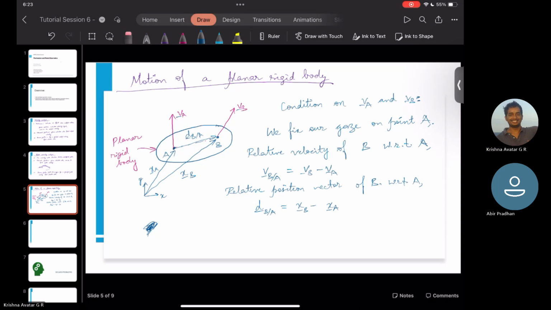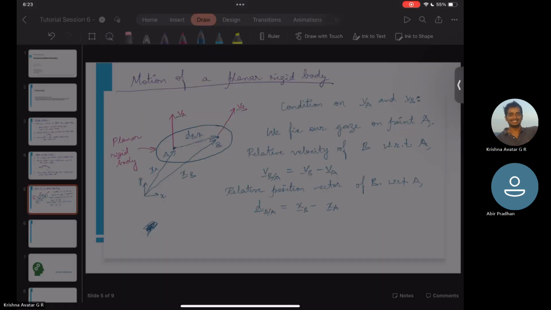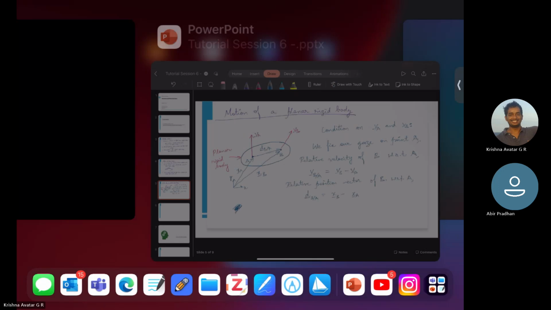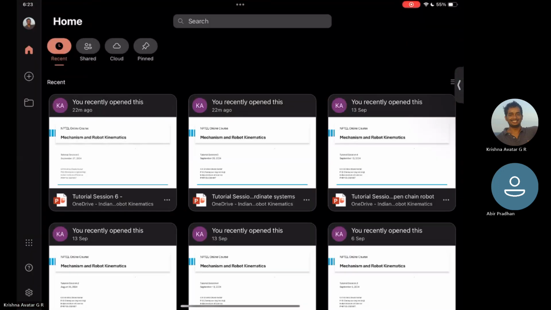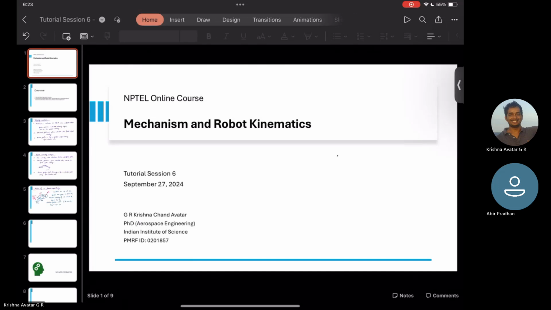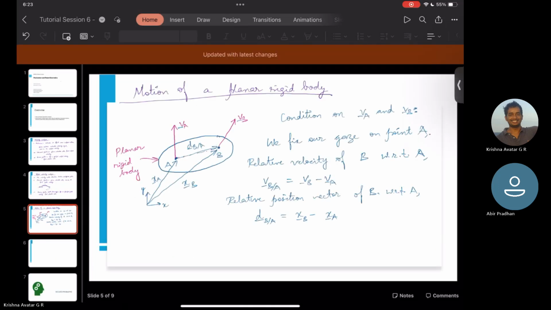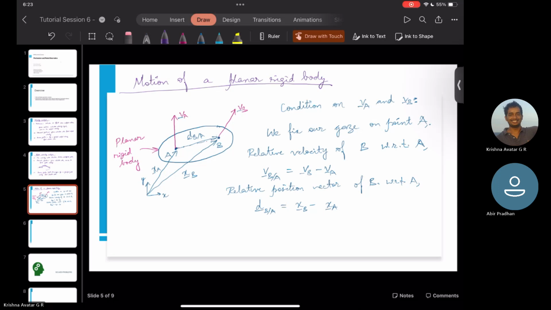Let us take a look at the quantity called the dot product of VBA and DBA.